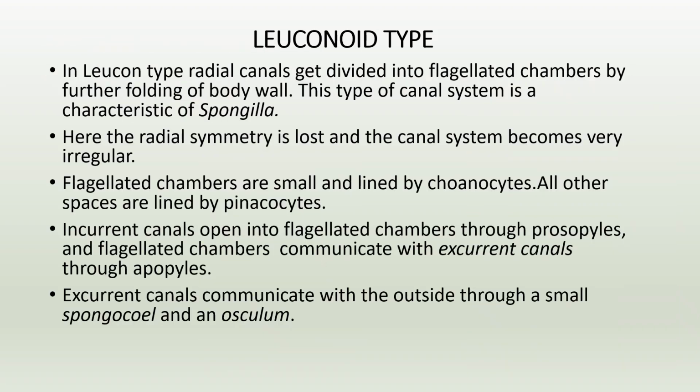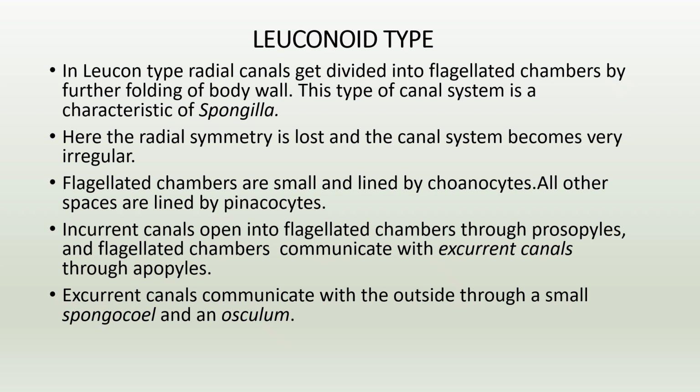The leucon type of canal system. In the leucon type, the radial canals get divided into flagellated chambers by further folding of the body wall, and this type of canal system is characteristic of Spongilla. Here the radial symmetry is lost and therefore the canal system becomes very irregular. The flagellated chambers are small and lined by choanocytes, and all the other spaces are lined by pinacocytes.